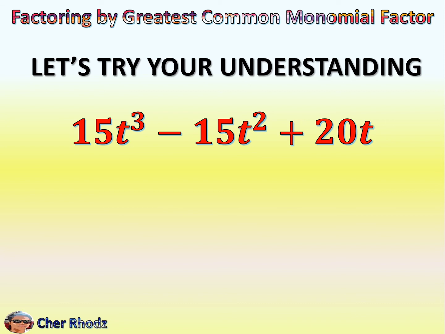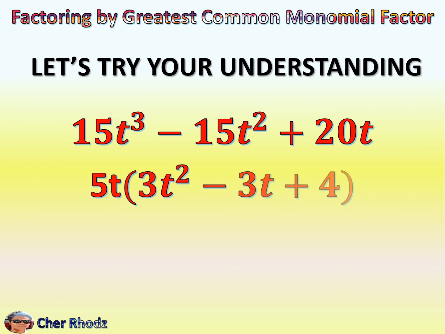Okay, time's up. The correct answer is 5t times the quantity of 3t squared less 3t plus 4.